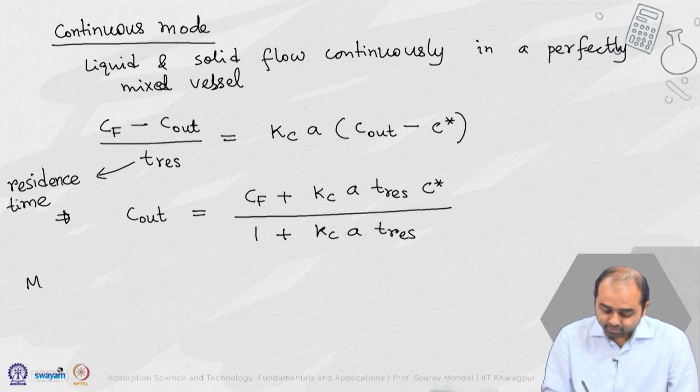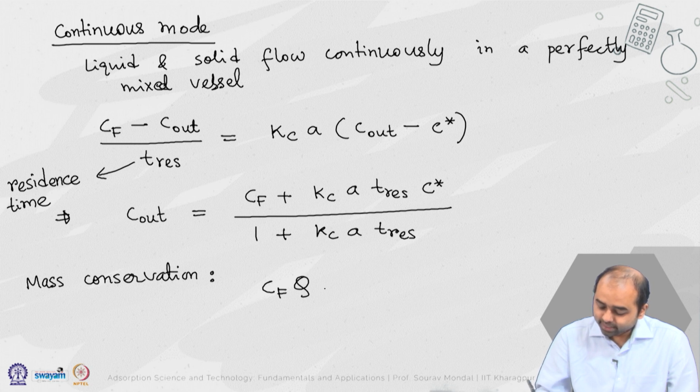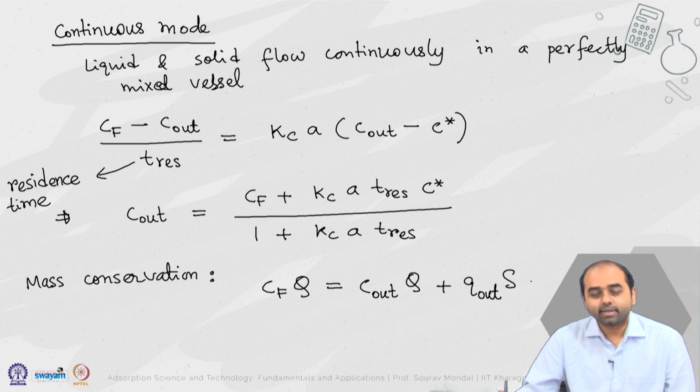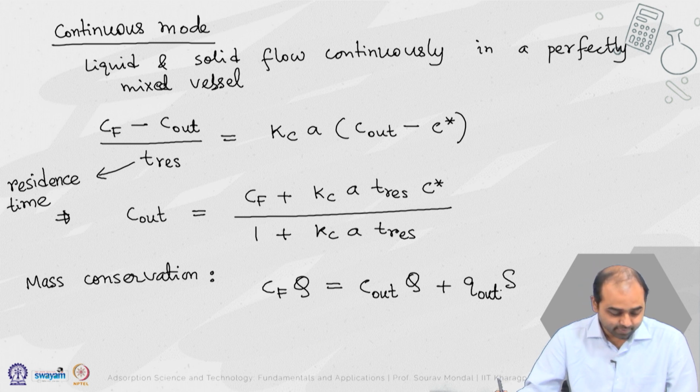So, also we have the mass balance equation as this is the initial or the inlet in this case, this is the outlet, plus the value of Q at the outlet. So, it is assumed that the time scale of the adsorption is smaller than the residence time, or within this residence time the system does attain equilibrium.